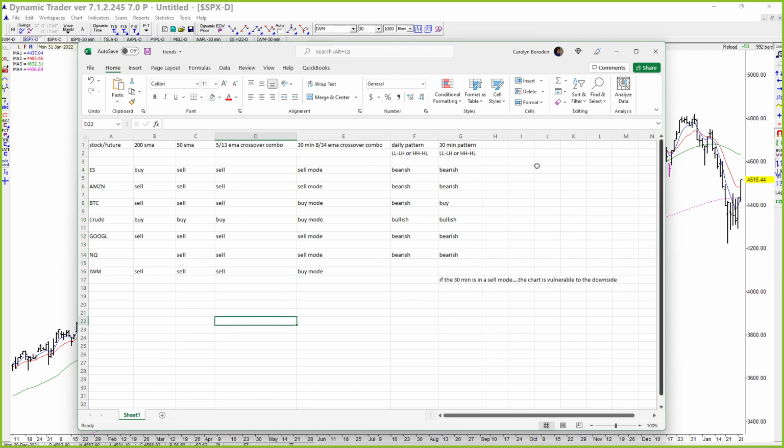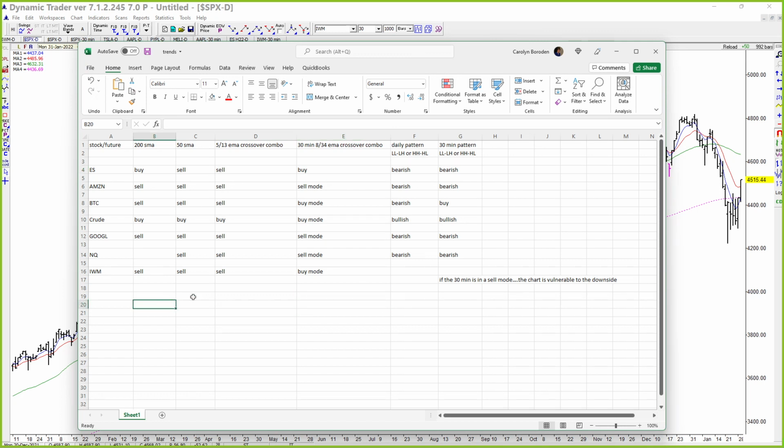So in the case of S&P, the fact that both those are in a sell mode, and actually we're not in a sell mode on this 30-minute chart right now. Again, what you would want to do is wait for a shift on that 30-minute chart back to the sell side. Then that's going to be a better setup.